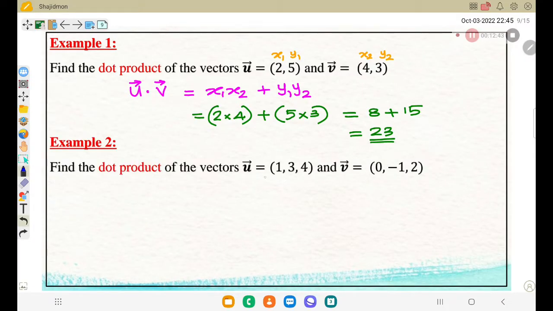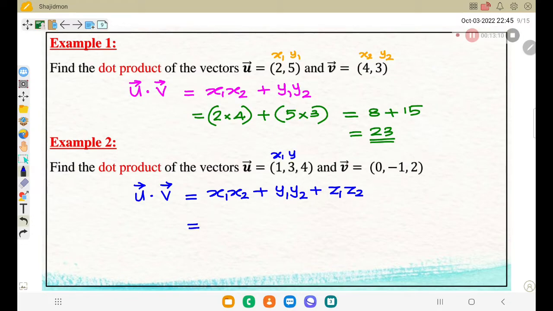Now example 2, we will do one question from this page. Find the dot product of the vectors u and v. Correct? u dot v, dot product we need to calculate. So vector u dot vector v equals, in space how we write the rule? x1 multiply x2 plus y1 multiply y2 plus one more component will come, z1 multiply z2. So what is x1 here? First number x1, y1, z1, x2, y2, z2.